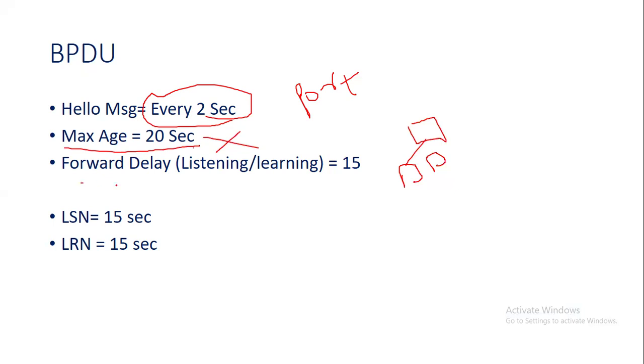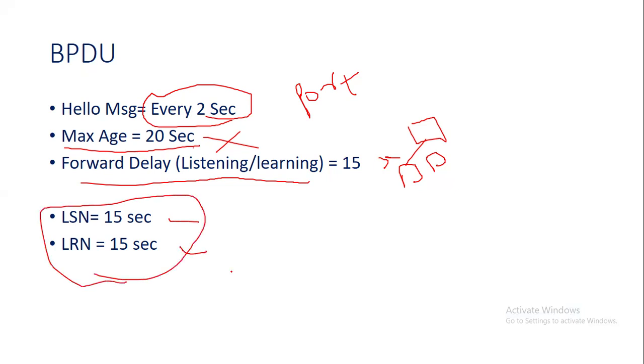Now, as mentioned, listening is 15 seconds and learning is 15 seconds, overall 30 seconds. And if there is no reply from the switch within that time, STP declares that this switch is down. That process happens through the BPDU message.